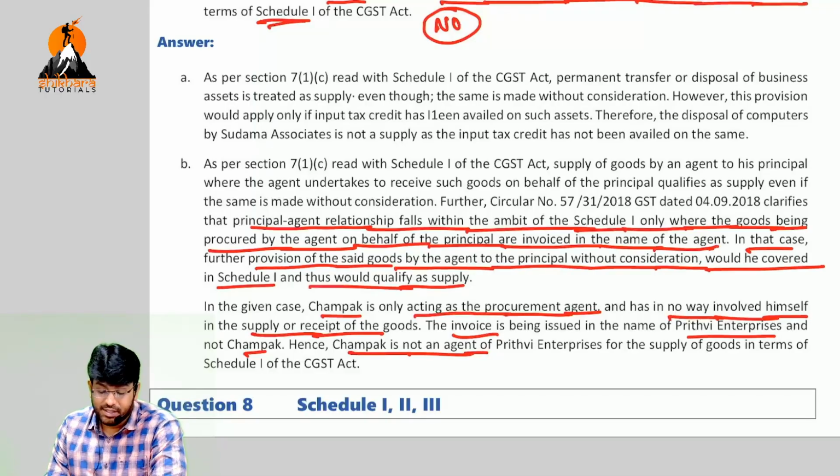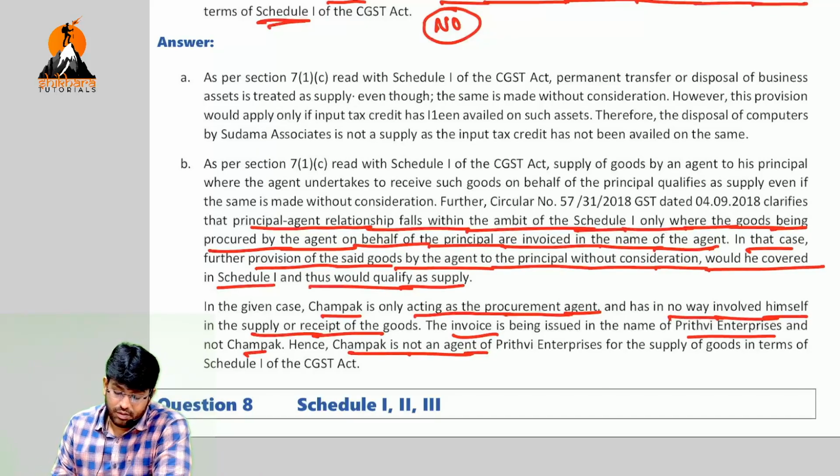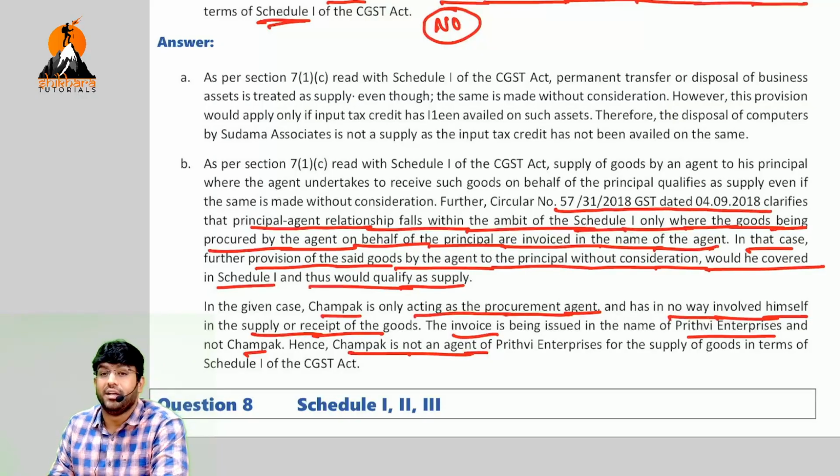Put a hyphen. Circular number 57 by 31 by 2018, dated 4th September 2018.